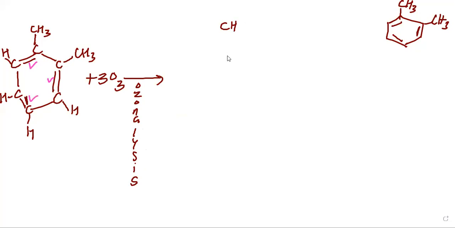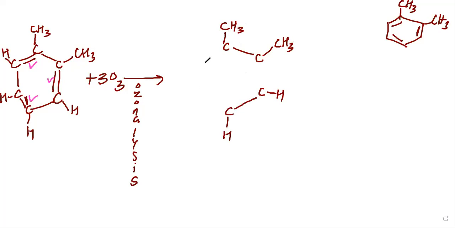So we will have CH3 that is bonded to a carbon, that is C. This bond remains the same. This time this bond is not going to be broken. Then this bond between these two carbon is going to be broken, so we leave the gap, and then we have carbon and hydrogen. Then again the single bond remains the same, and we have carbon and hydrogen. Then this bond between these two carbon is going to be broken.